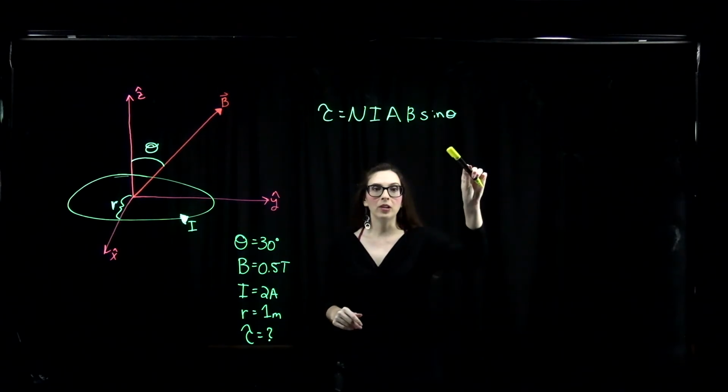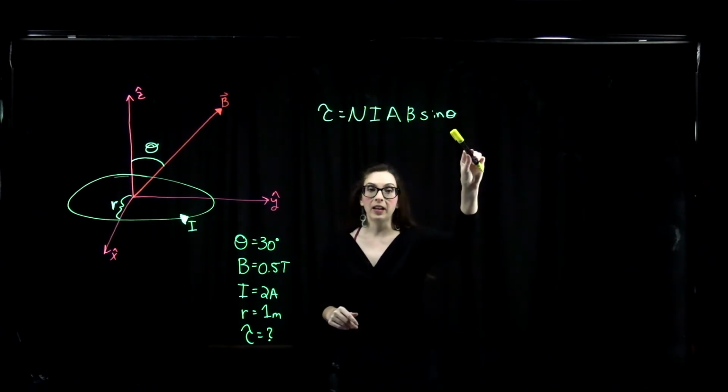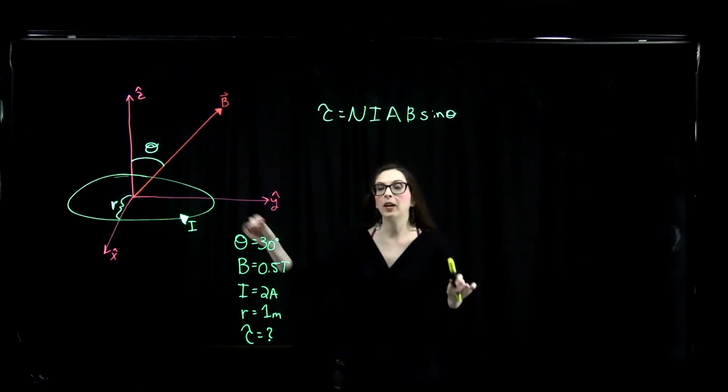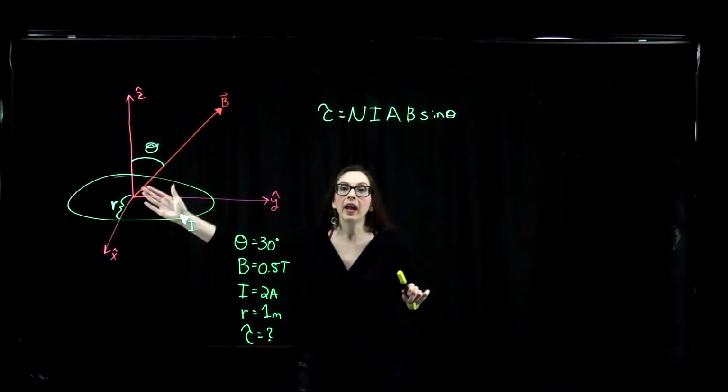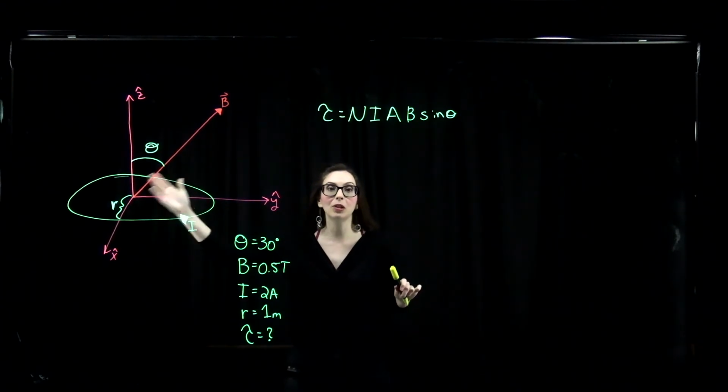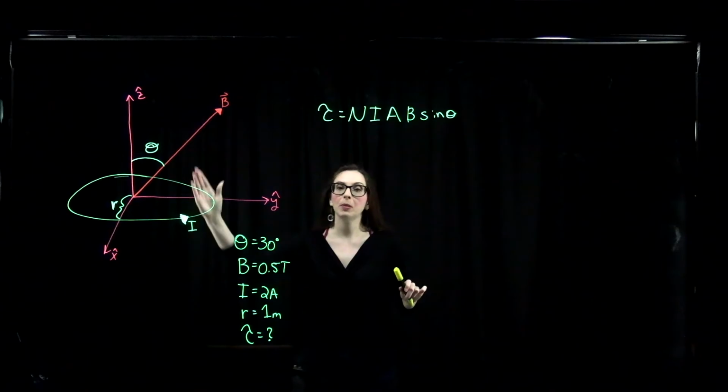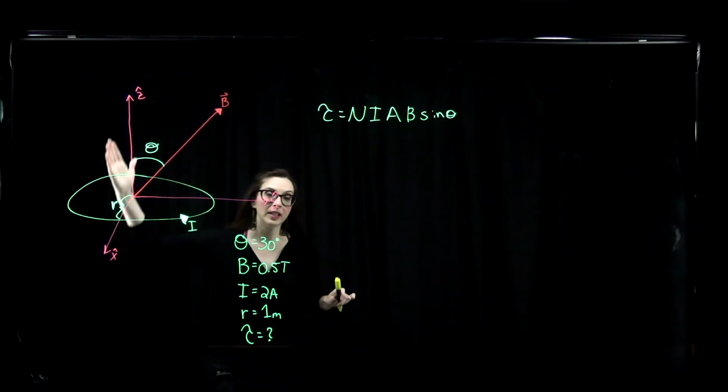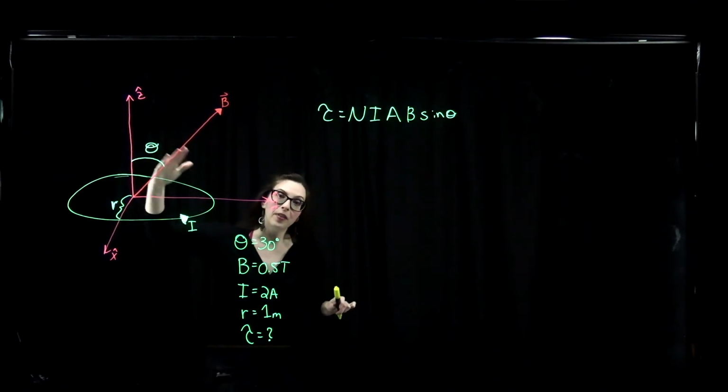In our torque equation, this angle theta is the angle between our magnetic field and the perpendicular to the loop. So here's my loop, perpendicular straight up along the z-axis, so this angle theta is still this 30 degrees.